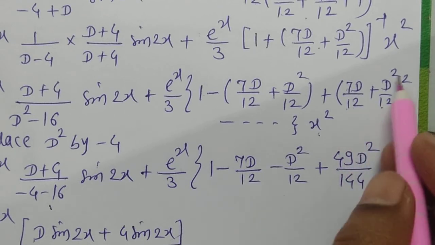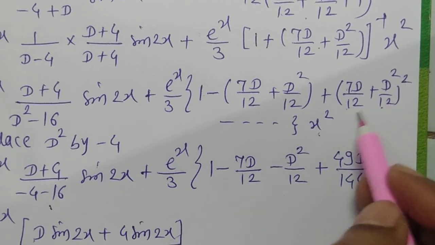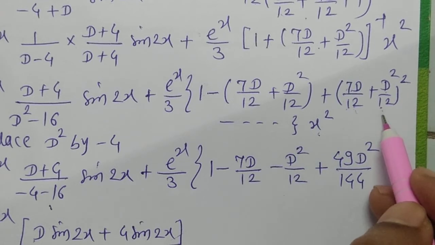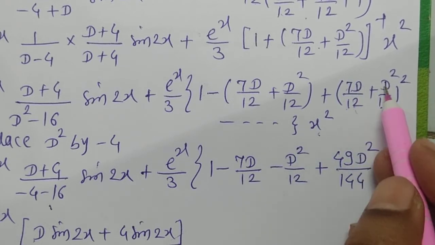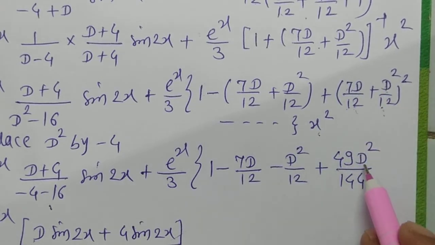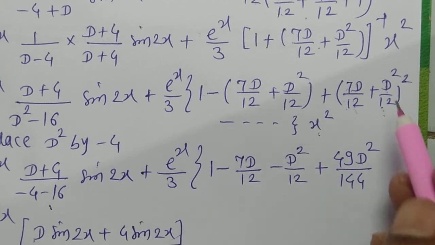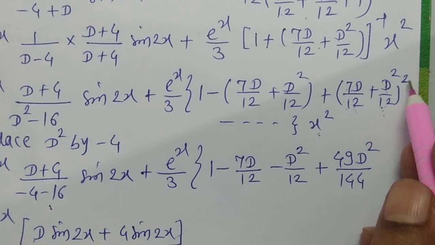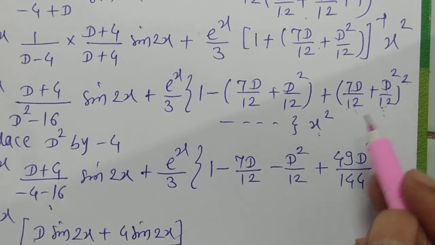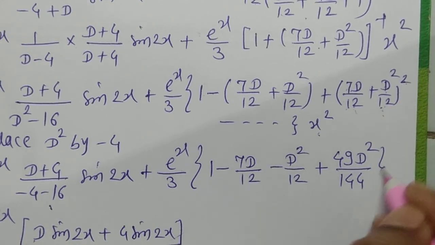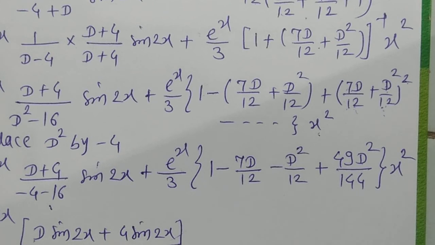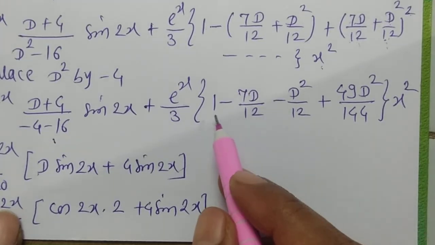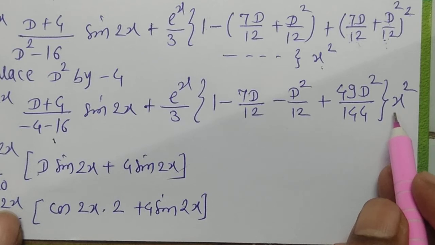When we expand the whole square, what will the middle term be? 2 into 7D by 12 into D square by 12, meaning D into D square, which is D cube. We need the expansion only up to D square; the terms beyond that will become zero. Then if we square D square by 12, we get D raised to 4 and so on. That means all the remaining terms will become 0. So we'll write up to D square only. Okay.